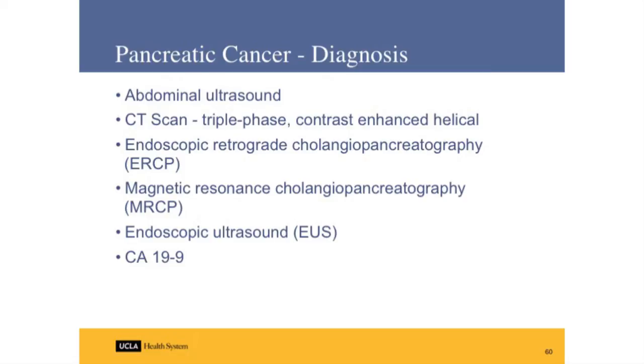This test gives us a good idea about the anatomy of the bile ducts as well as the pancreas. Endoscopic ultrasound, which I mentioned before, is good at visualizing the pancreas through the wall of the stomach, and the same test can be used for taking biopsies through the stomach with a small needle.